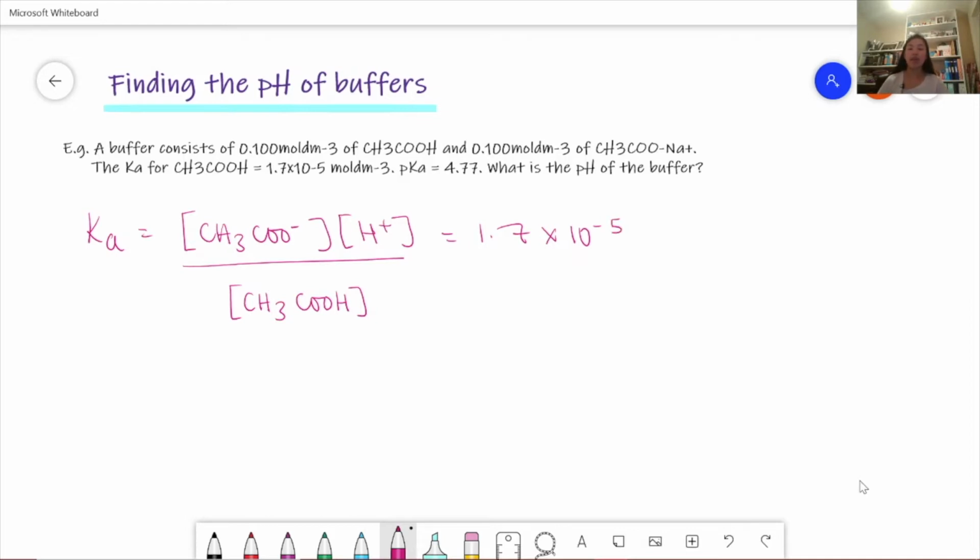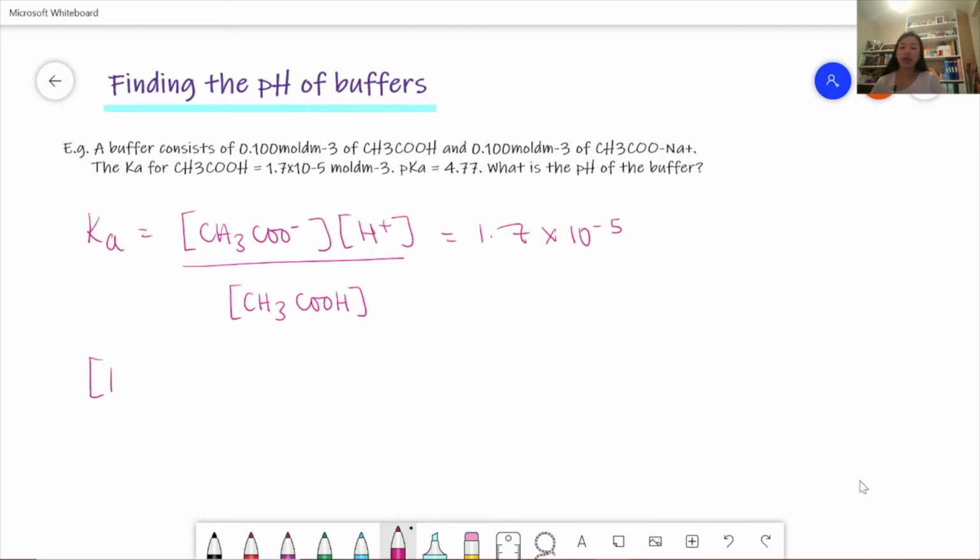Then we can sub in the numbers for the concentration of the salt and the concentration of the acid, because they're given to us in the question. First I'm going to rearrange this equation to have the concentration of H plus as the subject.